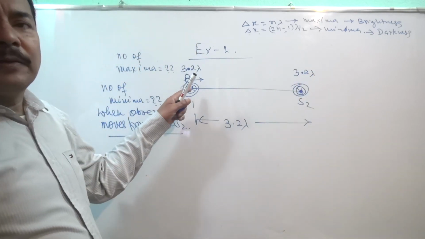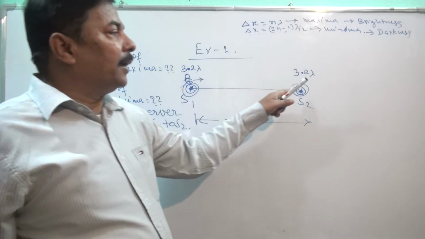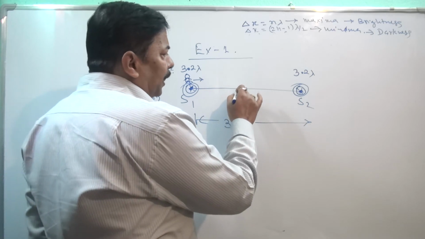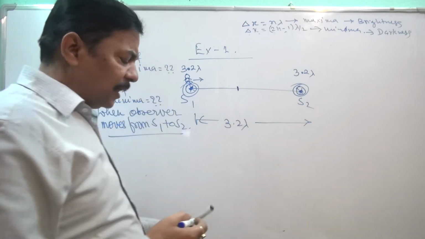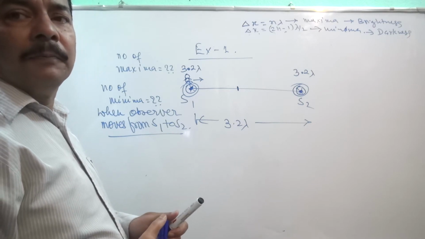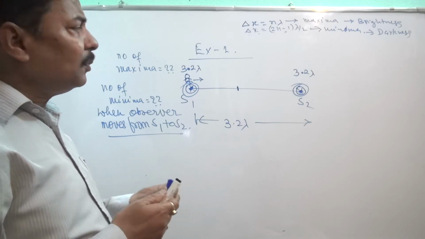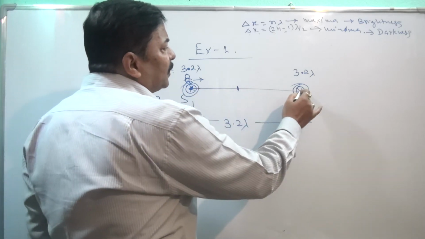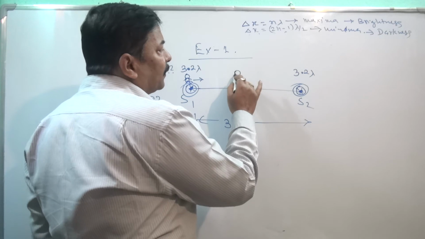Exactly at the middle point, if we consider it, then try to observe what we will get: the distance this has traveled, the same distance this has traveled. So here the path difference is 0.